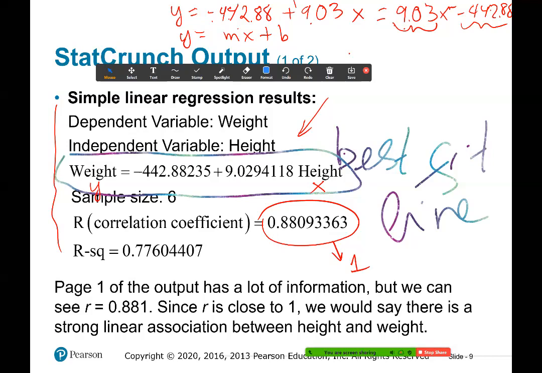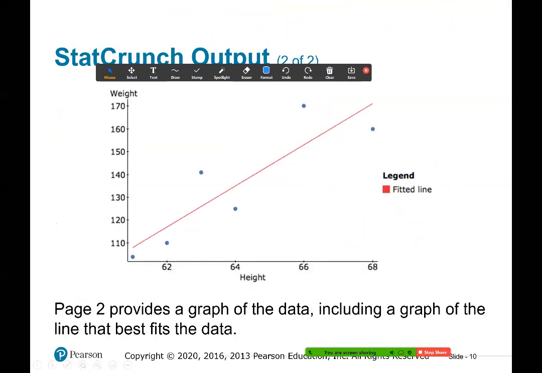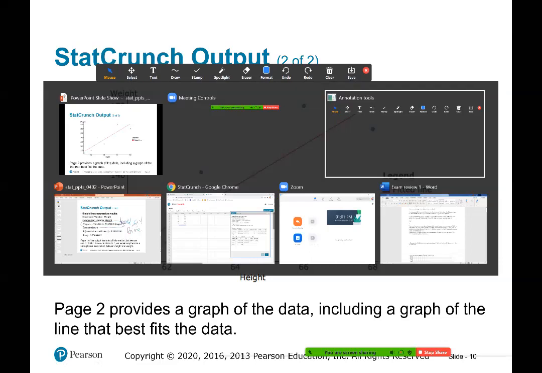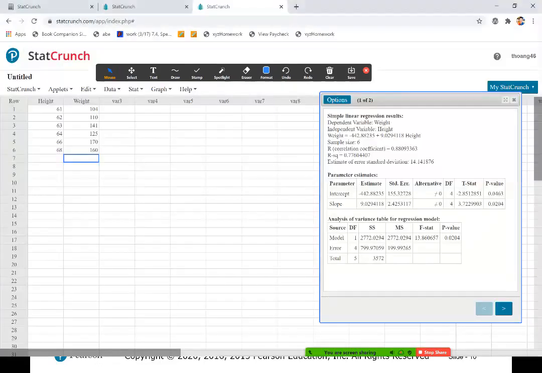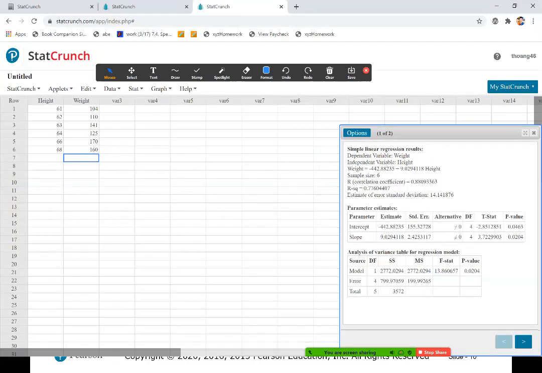All right, so let's move to the next page. Here on page number 2 is a graph of the data, including the line that best fits the data. Let's try to use StatCrunch to see it.